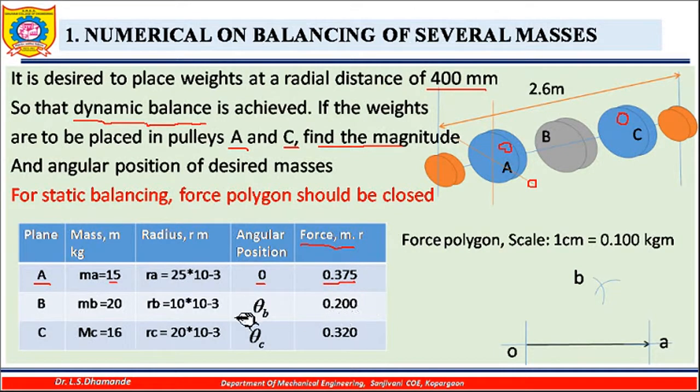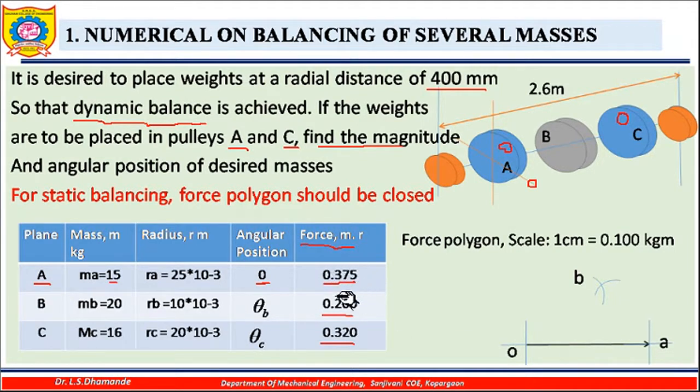Similarly for B you will get the centrifugal force as 0.200, and the third force will be 0.320. Now to draw the forces as vectors, we have the magnitudes but the direction is unknown. So initially we assume the direction of the first force as 0 degree, and we can draw that first vector as O to A, whose length is equal to 0.375.